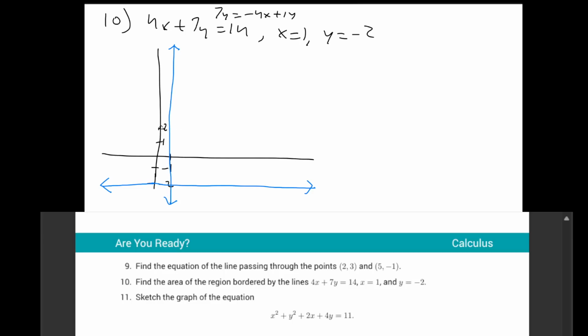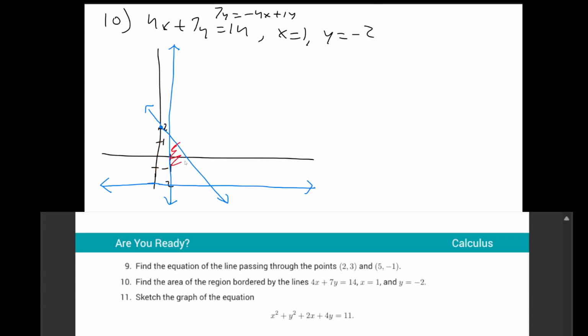So it should look something like, I'm going to use blue here again, should look something like this. Okay, so we need to find the area of this guy right here, right? Because this is bordered by these 3 lines. Or no, not this guy right here.